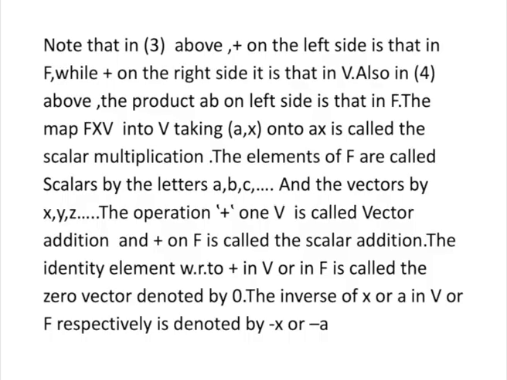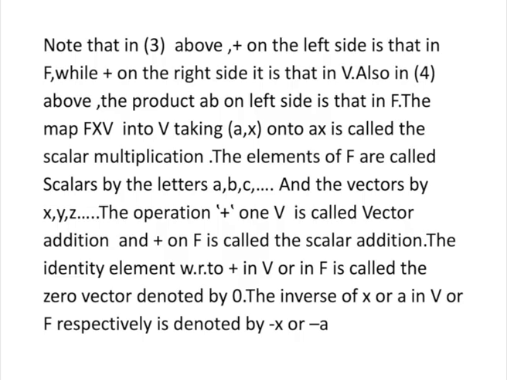The map F cross V into V, where map means function, taking (a, x) onto ax, is called scalar multiplication. The elements of F are called scalars, denoted by the letters a, b, c, and the vectors are denoted by x, y, z and so on.